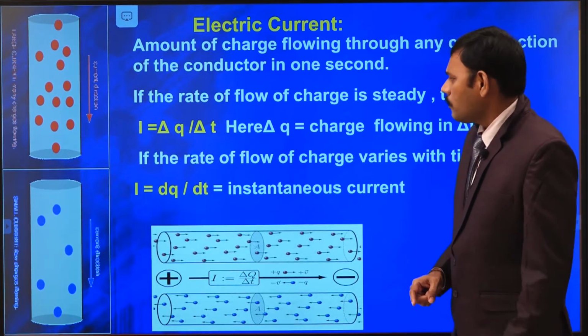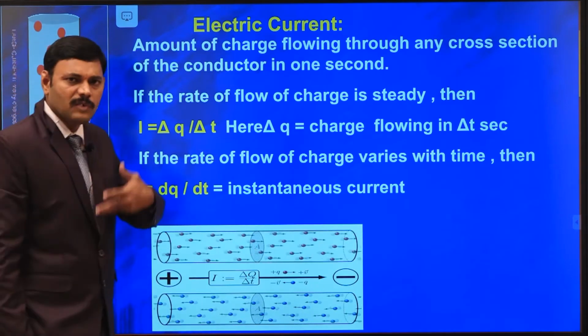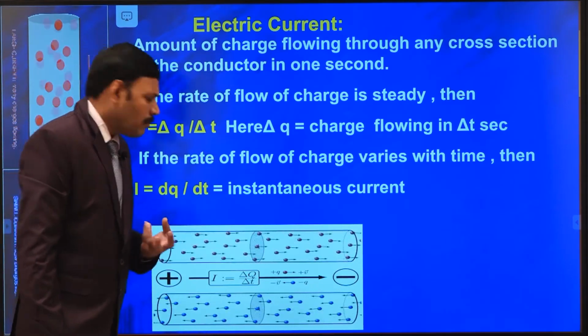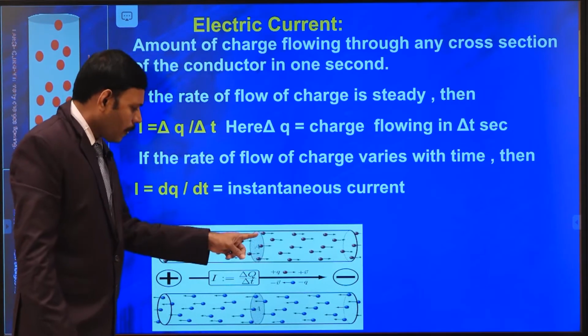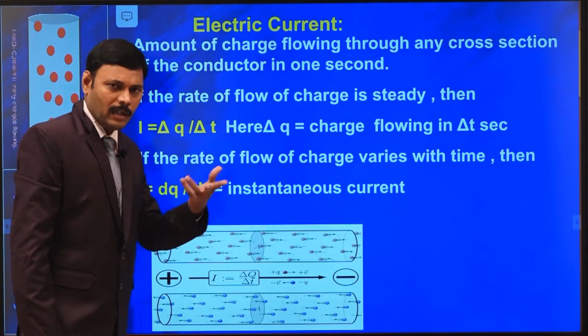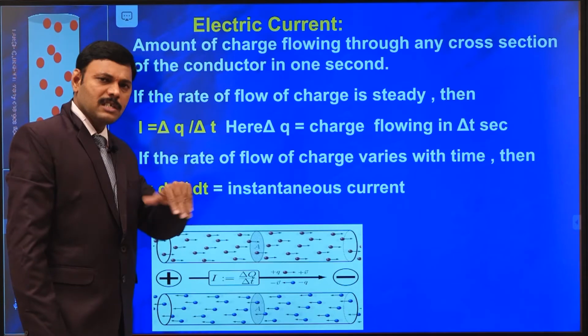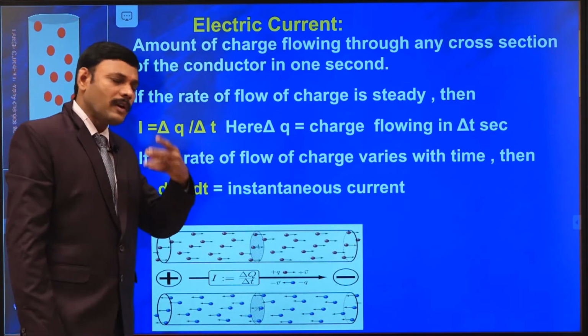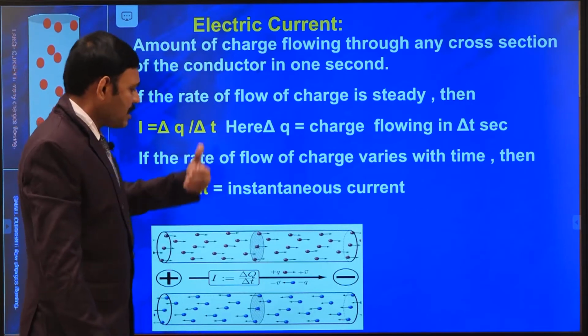And here, if the rate of flow of charge varies with time, if charge is a function of time, the amount of charge crossing the given area is changing with time. Then when charge is varying with time, we have to consider the current changing with time.